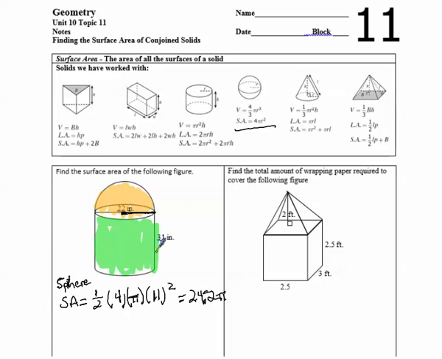We want the bottom of the cylinder, but not the top. Surface area is the sides, the top, and the bottom. Lateral area is just the sides, not the top or the bottom. But we kind of want a hybrid right now. We need the bottom, but not the top, because the top has this half a sphere on it.